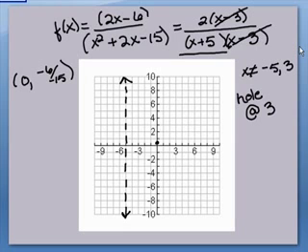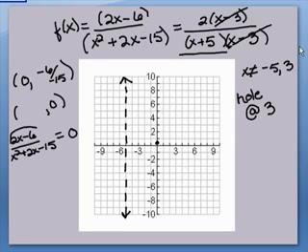And then let's look at the x-intercept. To get the x-intercept, plug in 0 for y. So we want the fraction 2x minus 6 over x squared plus 2x minus 15 to equal 0. And the only way a fraction is going to equal 0 is if the numerator is equal to 0. So we can ignore the denominator right now.